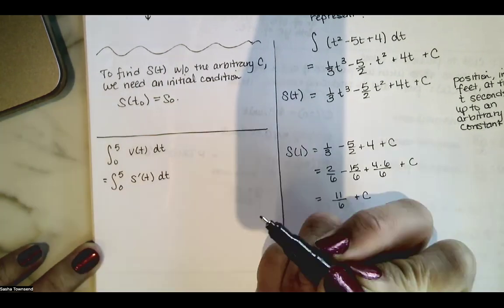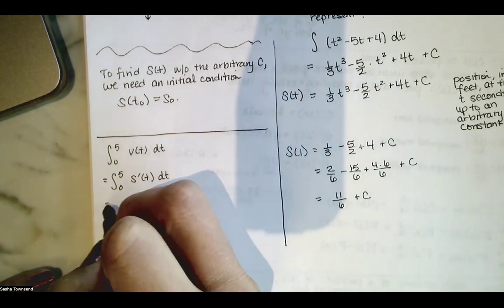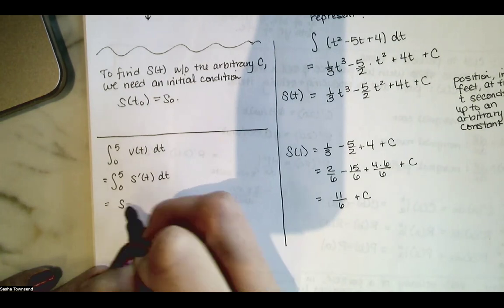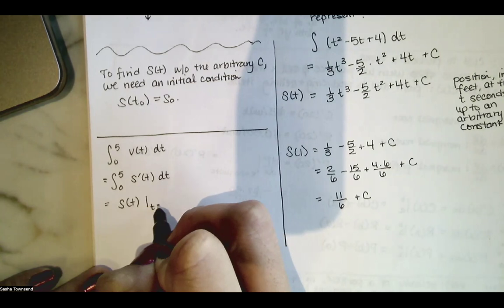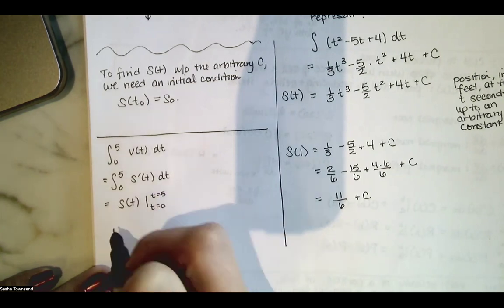It's the rate of change of that position with respect to time. When we compute the antiderivative, we're going to get s of t. We evaluate at t equals 0, we evaluate at t equals 5, and subtract.